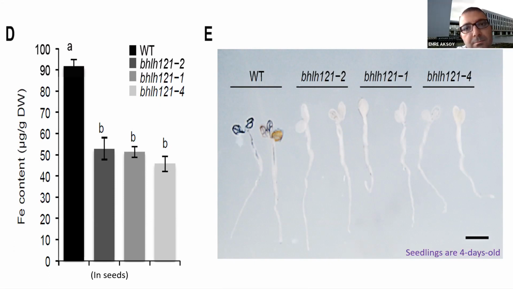Usually the seed iron level is not lowered, and you can understand the reason: it's not advantageous for a plant to put less iron in the seed, because then the seeds cannot germinate well. Instead, the strategy becomes to produce fewer seeds, but make sure they have enough iron to germinate successfully.